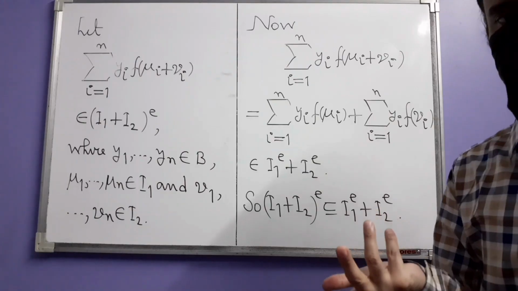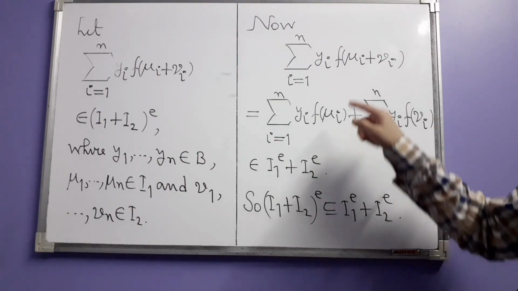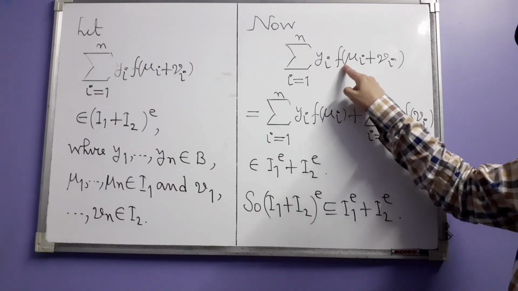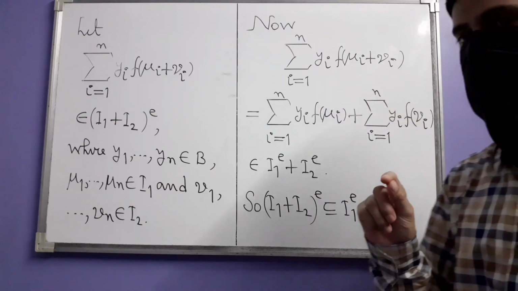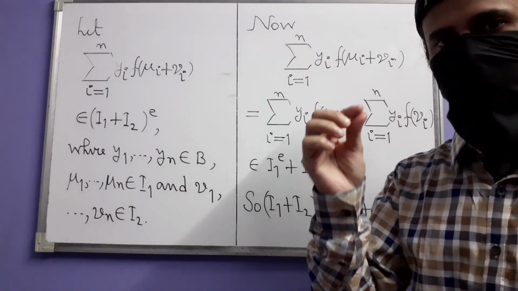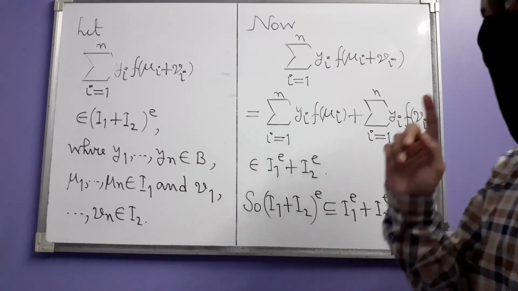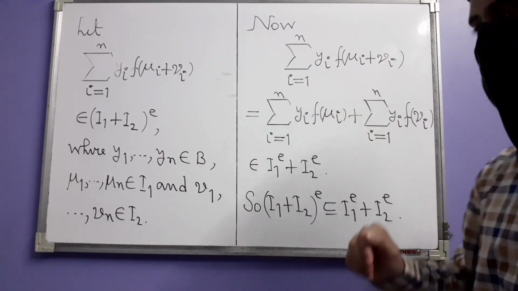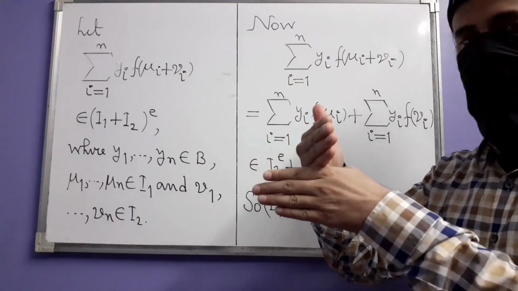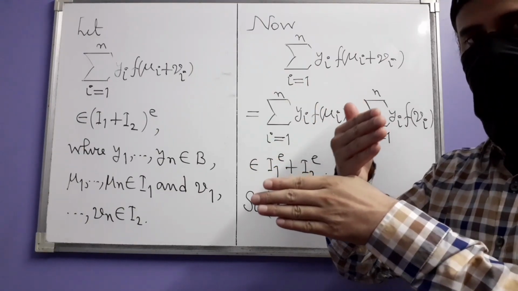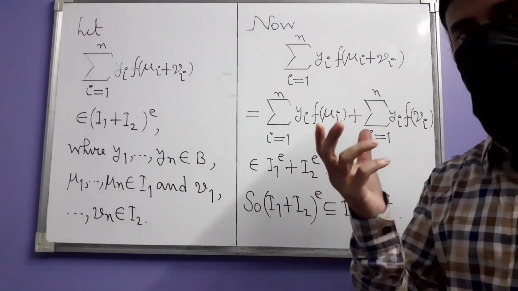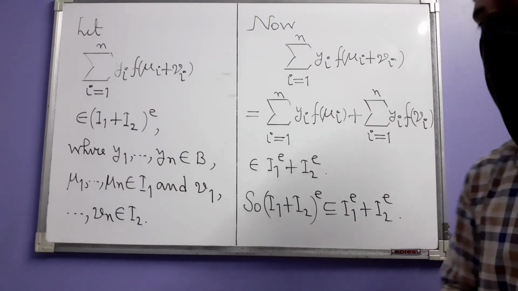Let me tell you what the steps are, although you already know. Because f is a homomorphism, in the first step, you write this f of mu i plus nu i as f of mu i plus f of nu i. And then you multiply that sum by yi, obtaining yi f of mu i plus yi f of nu i. And that is allowed because we have the distributive law in the ring.